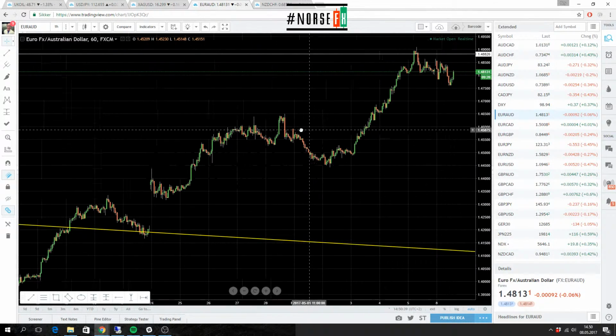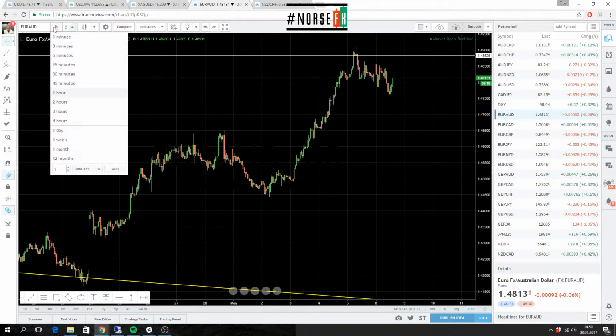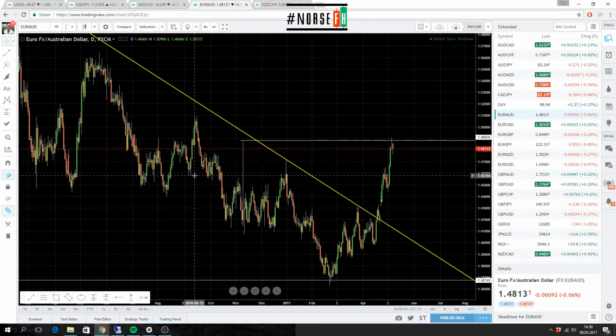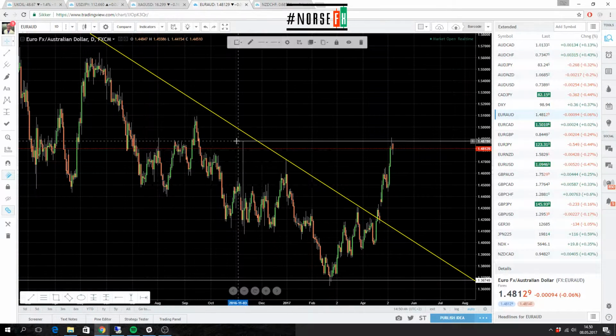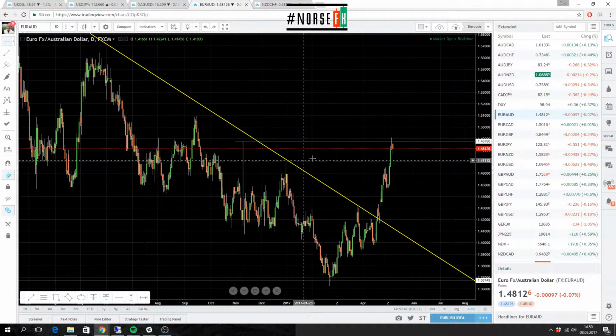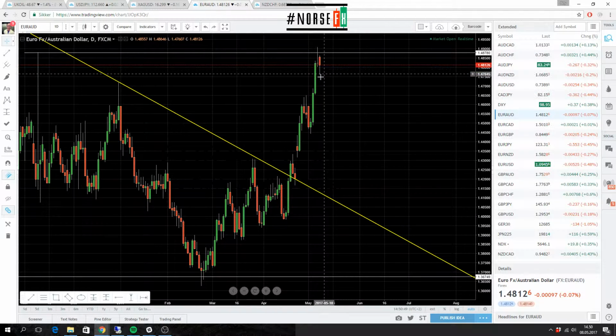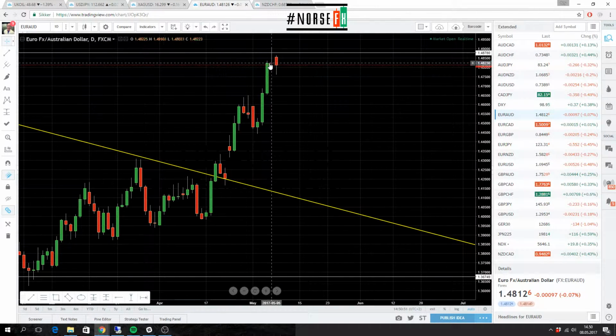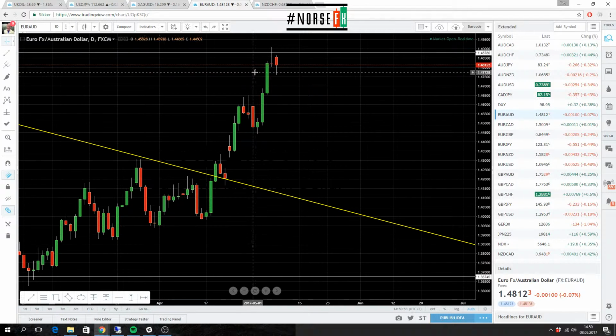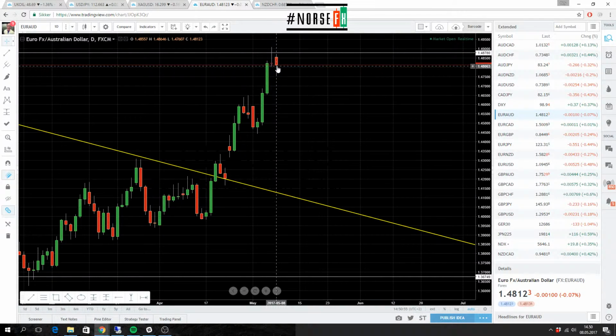Euro AUD, I have been covering this pair a lot. We have price spiking above the election high, printing a very nice shooting star candlestick. Very nice doji indeed. Now I'm just waiting for a daily close.